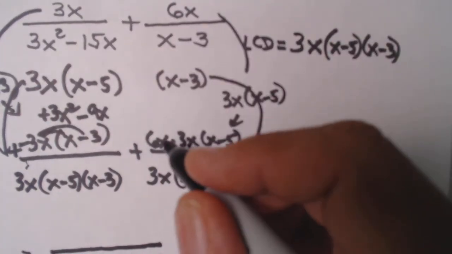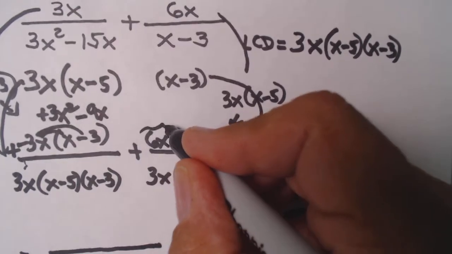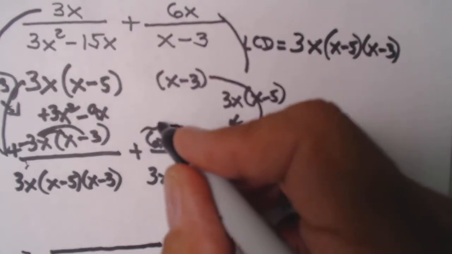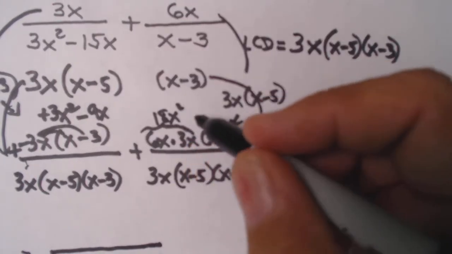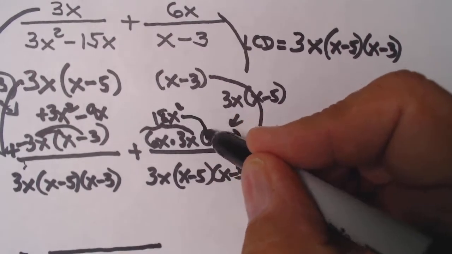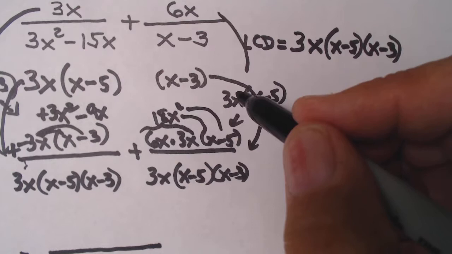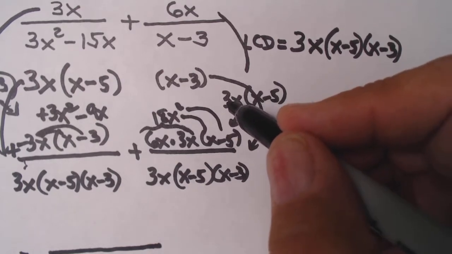Now, for this one, here's what you do. Multiply together these first parts right here. We get 18x squared. That's what you turn around and distribute to each of the terms on the inside.